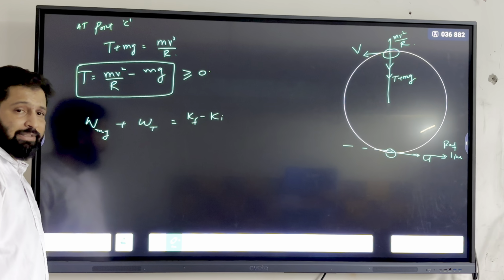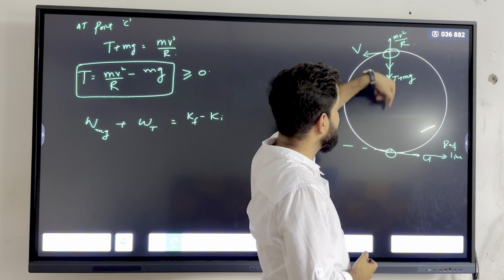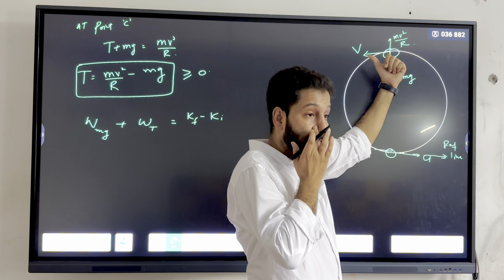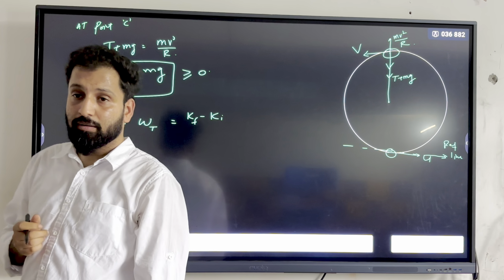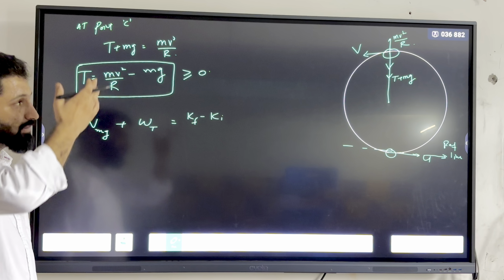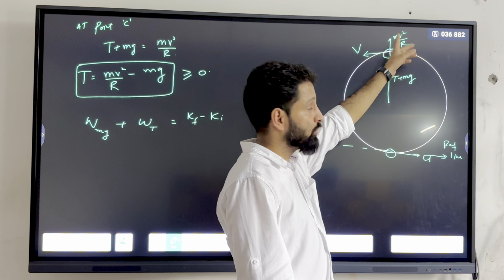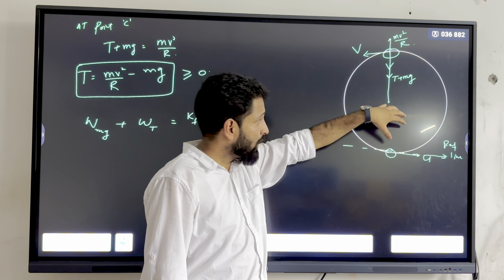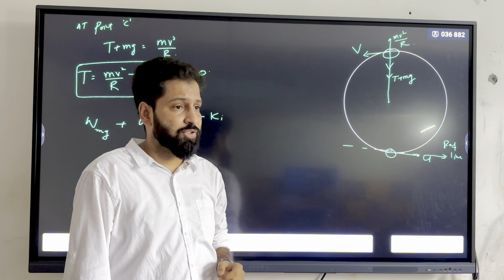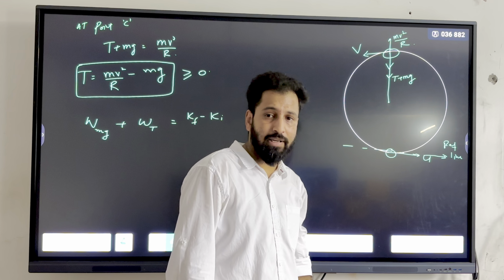Now here the work done by tension is actually 0. We can see that the tension is always perpendicular to the displacement of the body, so the work done by this tension is always 0. Or if we take the pseudo force, the centrifugal force, looking from a non-inertial frame, we will consider that pseudo force also, and that work done will again be 0 because that's also perpendicular.